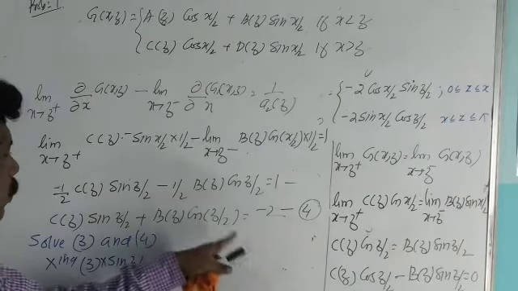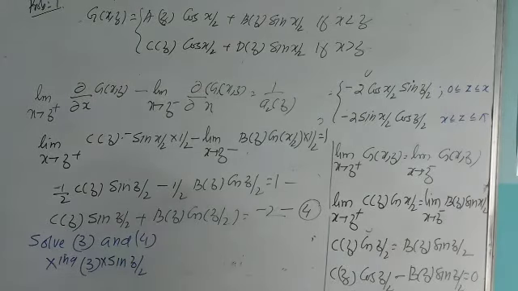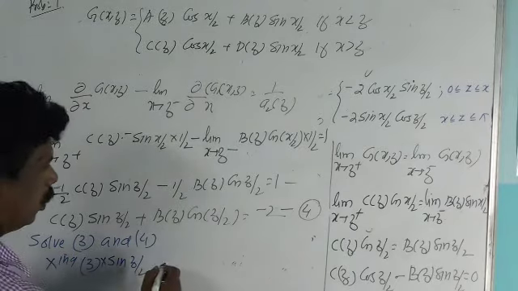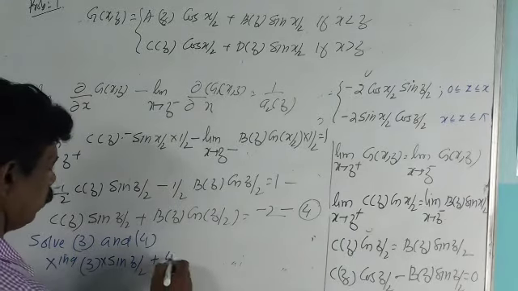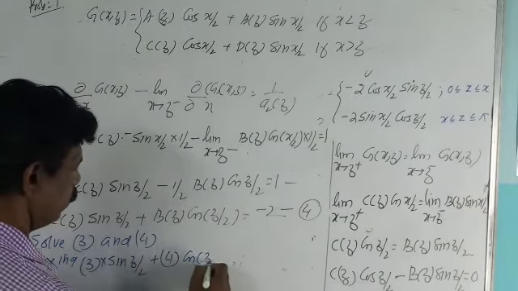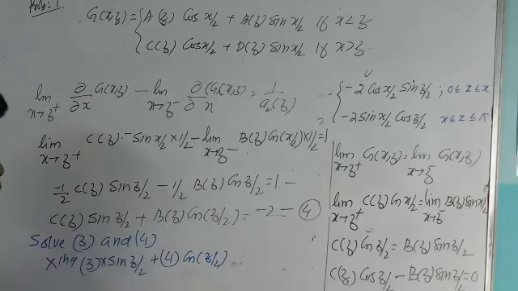We can add these terms, that is equal to 0. Ready? Multiplying equation number 3 with sin z by 2.